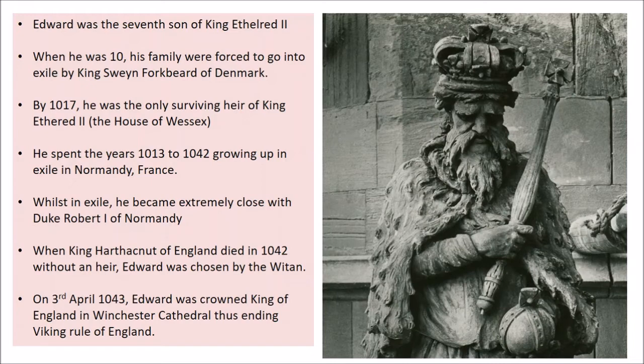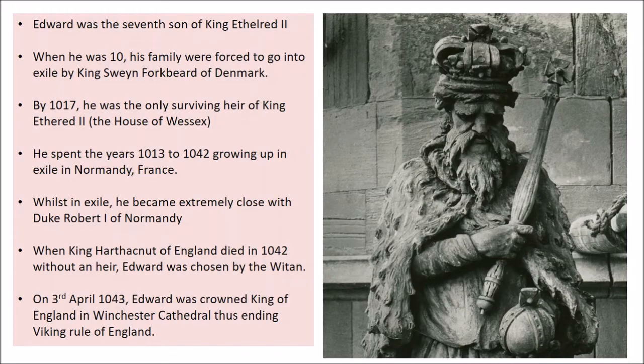Now, before we look at whether he was a good king or whether he was a strong king or a weak king, we need to understand the social system of Anglo-Saxon England, okay? Now, at the very top, you had the king, as you can see here, okay? And this is what we call a hierarchy.